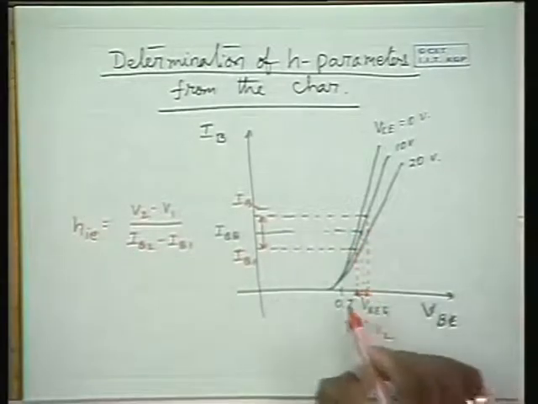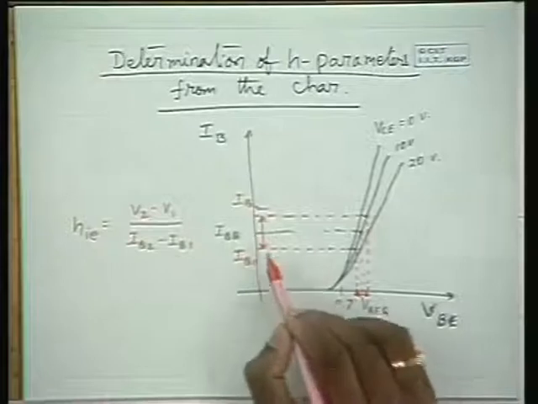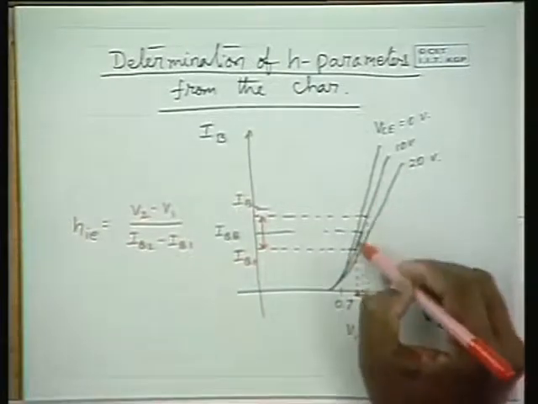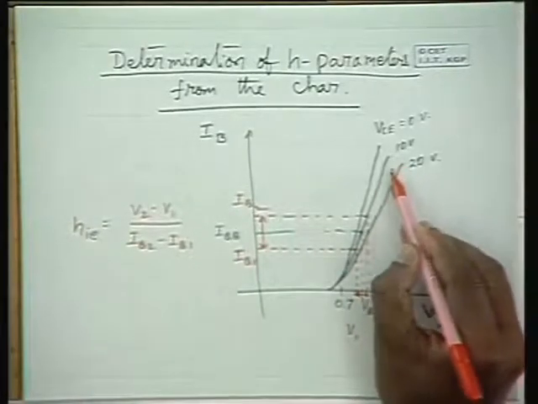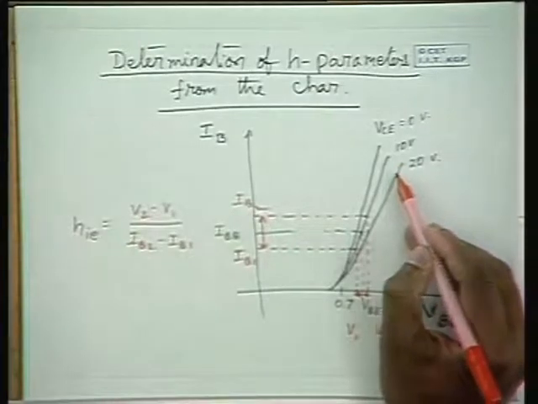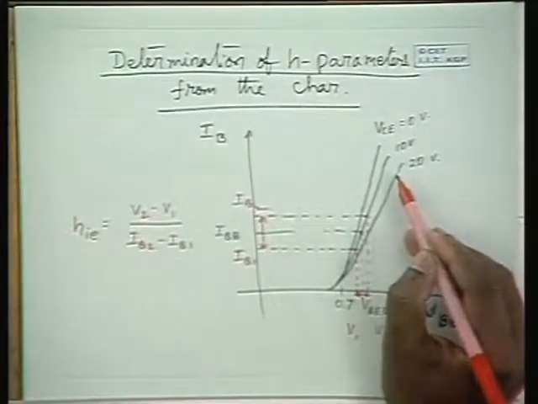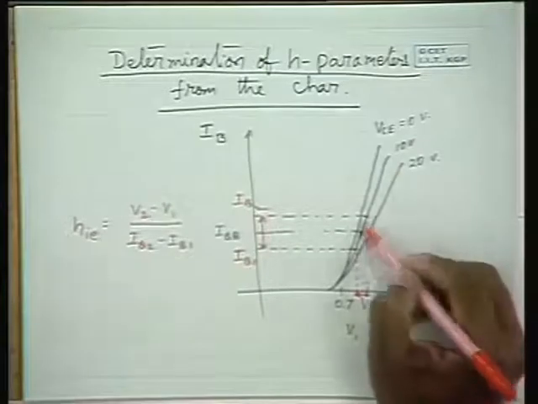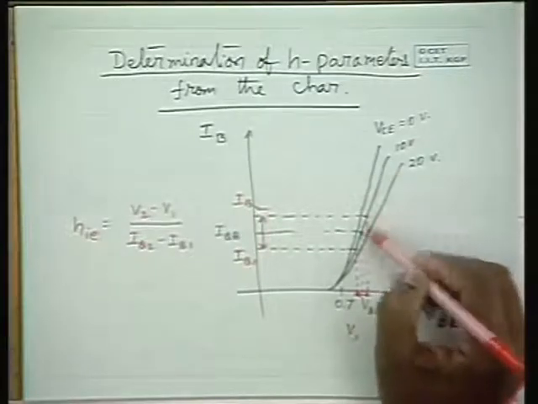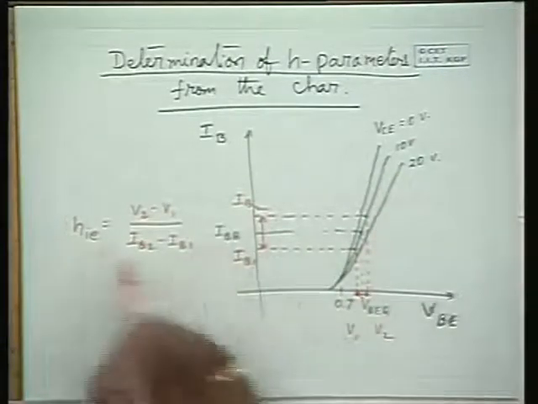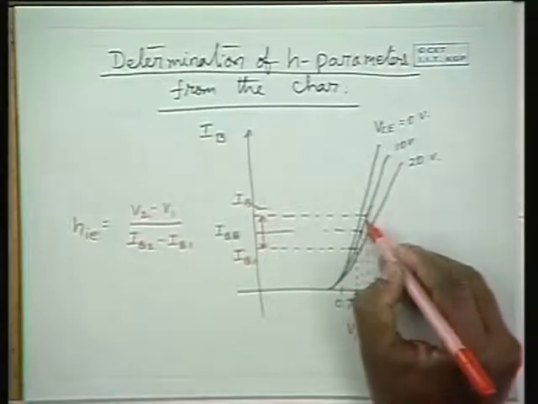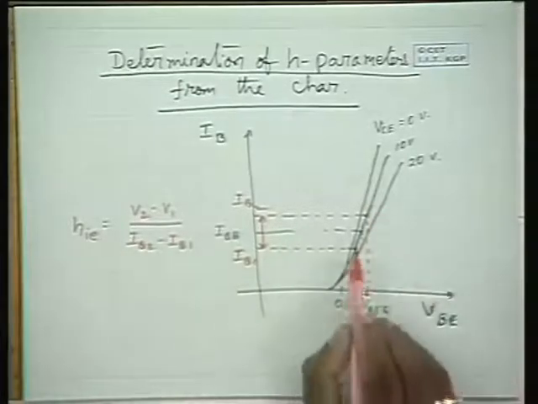So this is the input AC voltage to AC current ratio when VC is maintained constant at 10 volts, VCQ itself. That means the alternating output signal is 0 when VC is maintained at that. So HIE is the slope of these characteristics around the Q point.